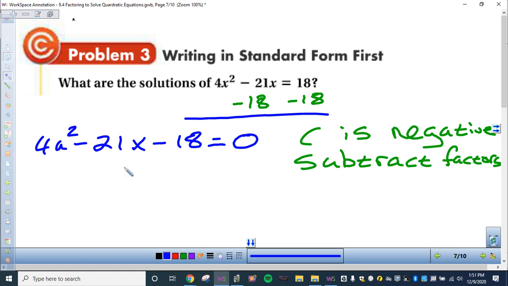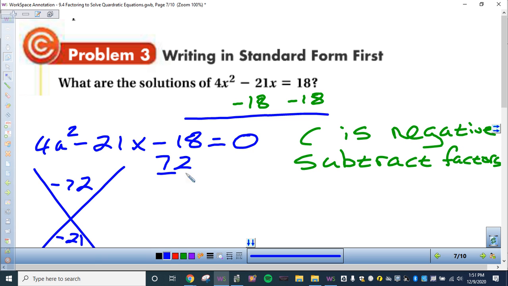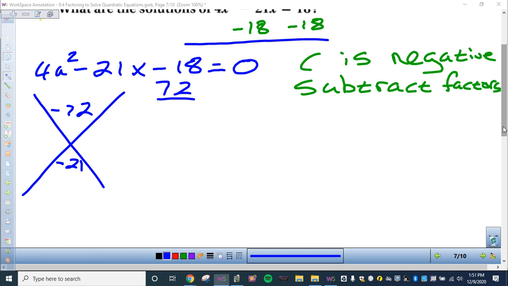So when we do the cross, a times c up top is negative 72, negative 21 on the bottom, and then we got to write factors of 72. So I'll write them all out, even though I realized earlier on that we'll have the one that works.